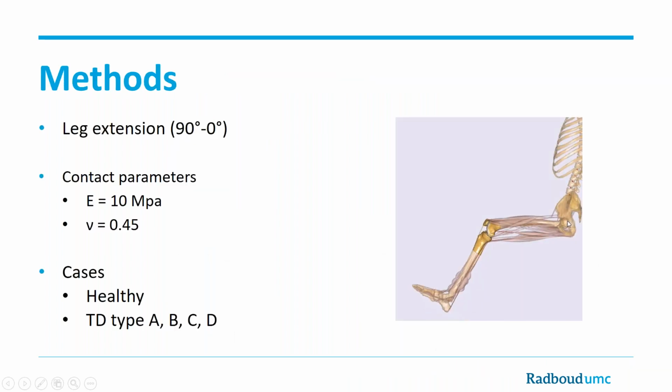We performed some leg extension trials from 90 degrees to 0 degrees. And we know that patellofemoral instability has to be expected within the first 30 degrees of range of flexion, so towards extension. We assigned material properties to the cartilage, as you see in the slide, and we simulated one healthy case as reference and 4 types of trochlear dysplasia models.